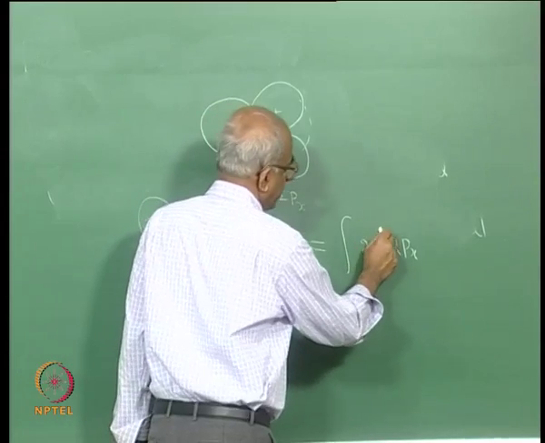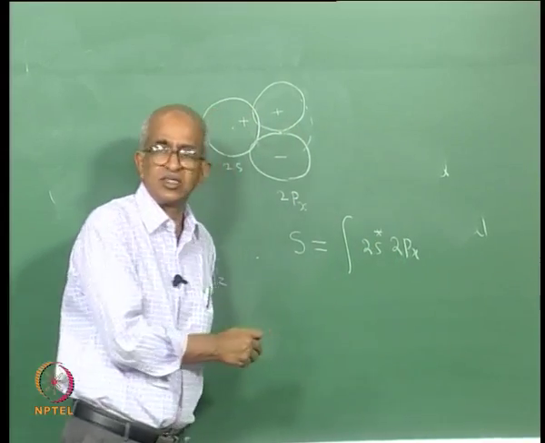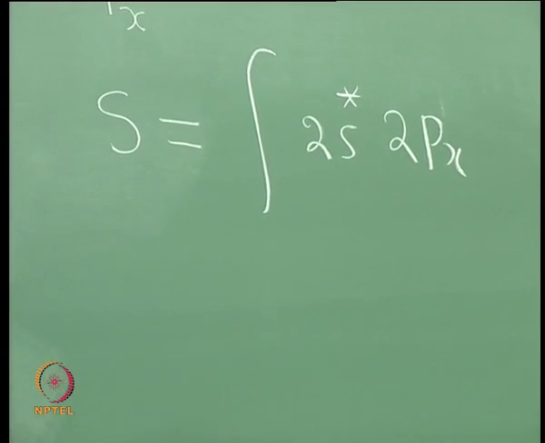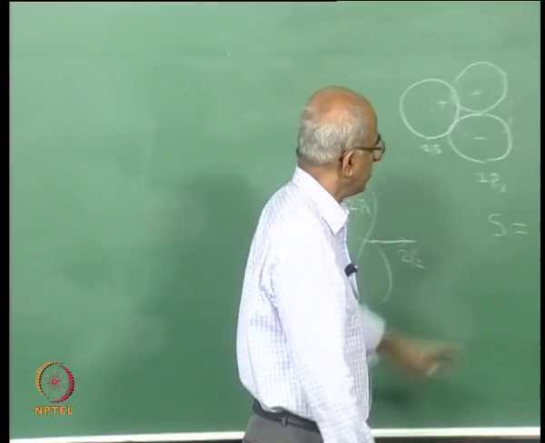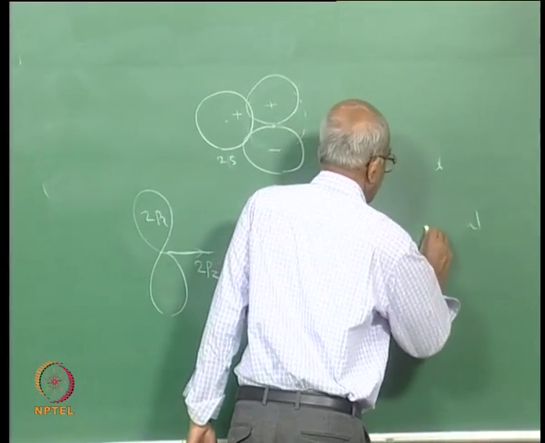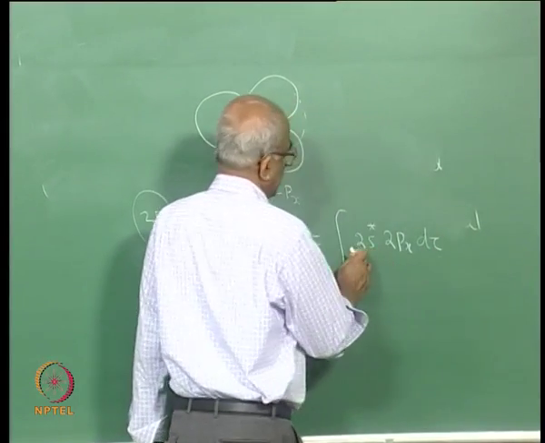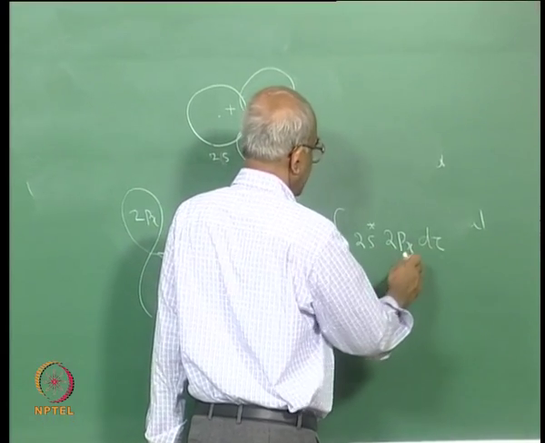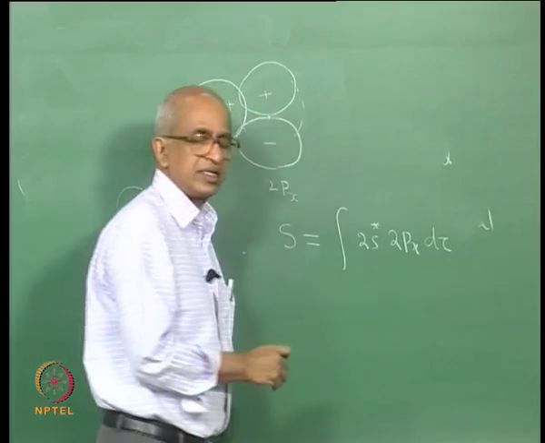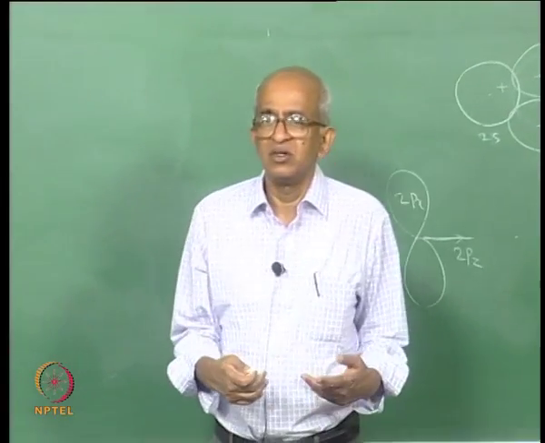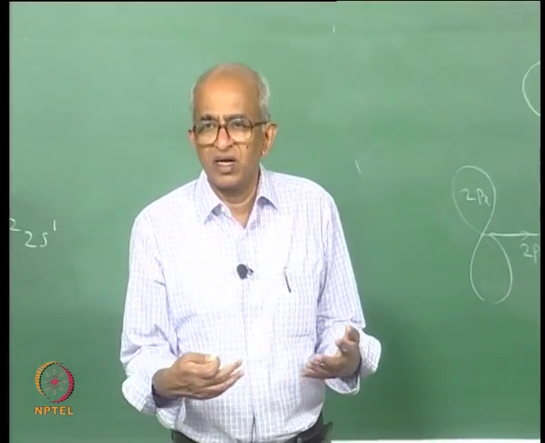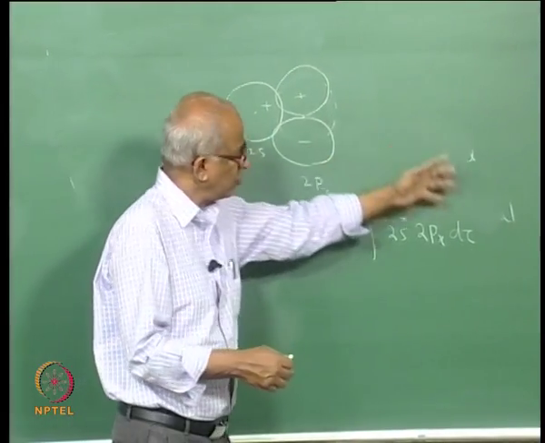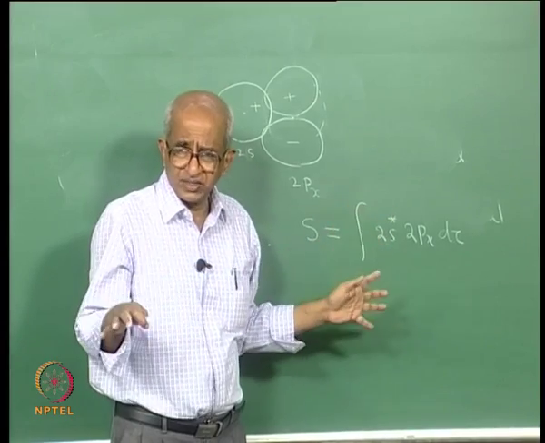Strictly speaking I should put a star, which is unnecessary because the 2s atomic orbital is real everywhere and 2px also is real everywhere. You take 2s times 2px, the volume element d tau, and integrate over the entire space. What would you expect? You are integrating over all regions of space.